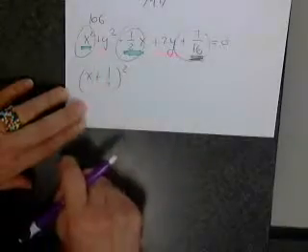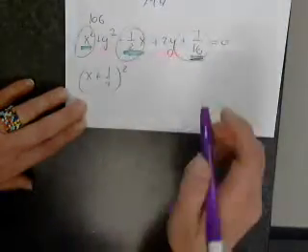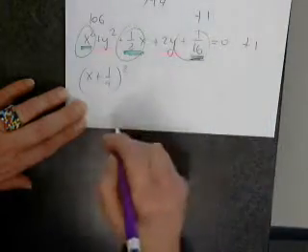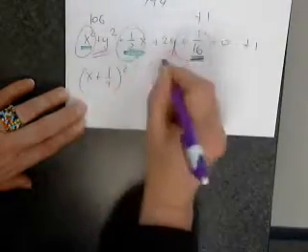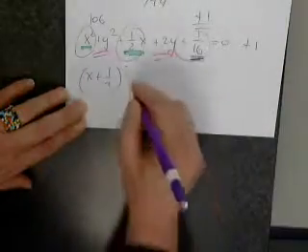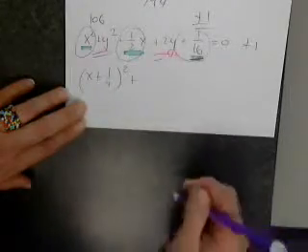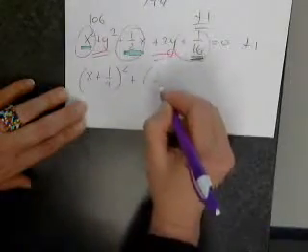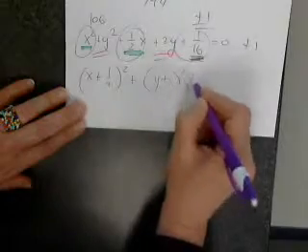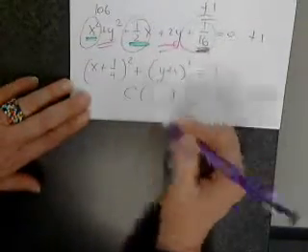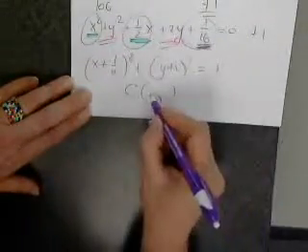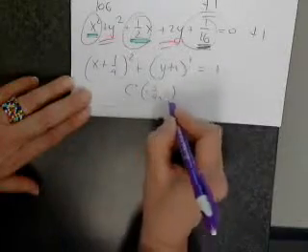What will I do with y? 1 plus 1. Yes. So then now 1, 2, 3 plus (y minus 1, so plus 1) squared equals 1. Center is negative 1/4, negative 1.